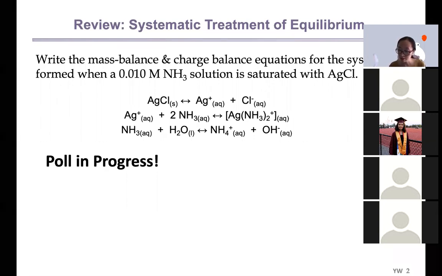And at the end of the class, I mentioned all those three possible reactions going on in the system, right? All right, so now can anybody let me know what is the charge balance equation for this one? What ions do we have to put in the equation?